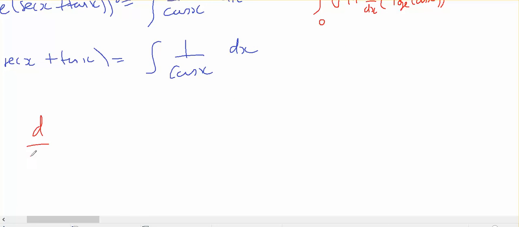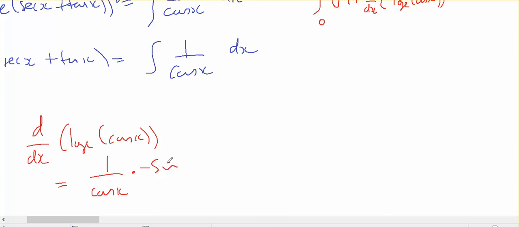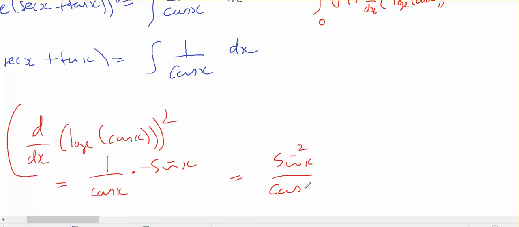Okay, d dx of log base e of cos of x will equal 1 on the cos of x times the derivative of cos of x, which is minus sine of x. And then if I square that, I'm looking for sine x squared on cos x squared.